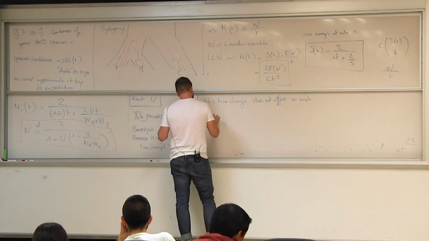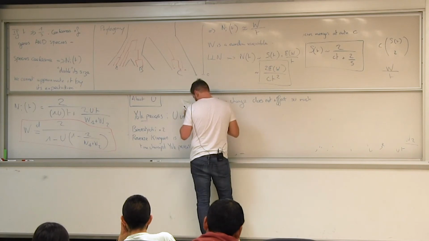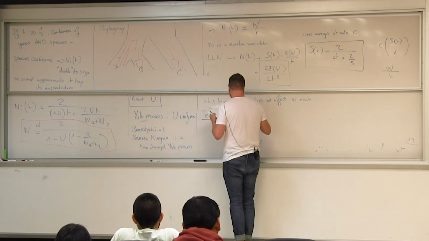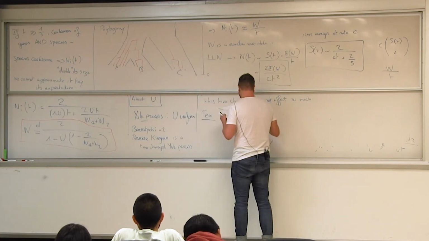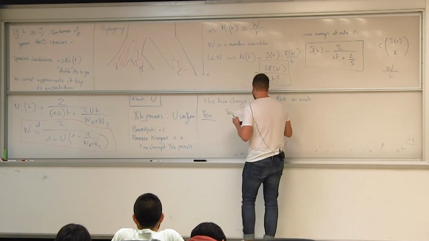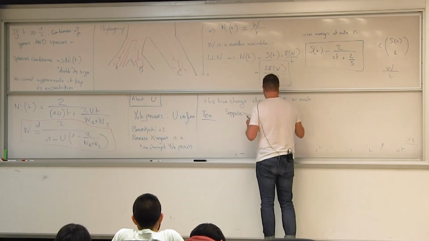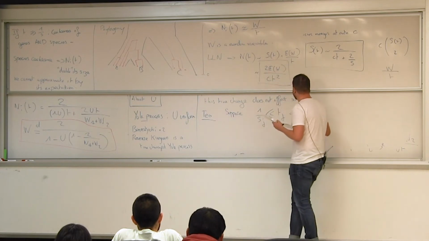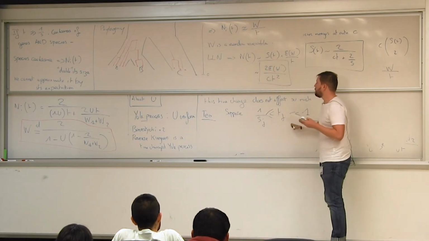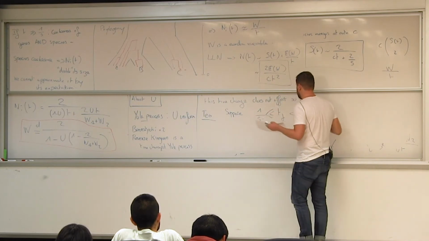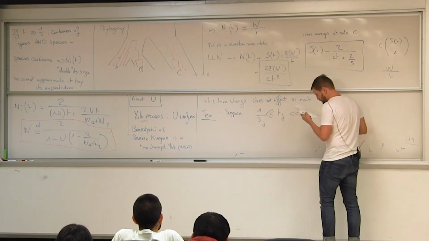So maybe I just write the theorem. So suppose that you have, I will put some J indices. So suppose that you have small times, but they are bigger than 1 over S, where S is the number of species from which you start.